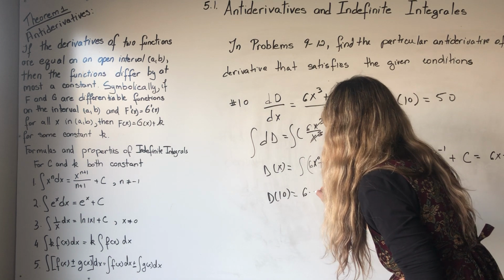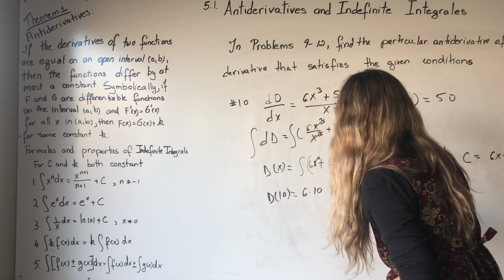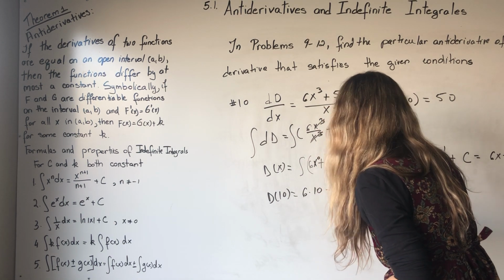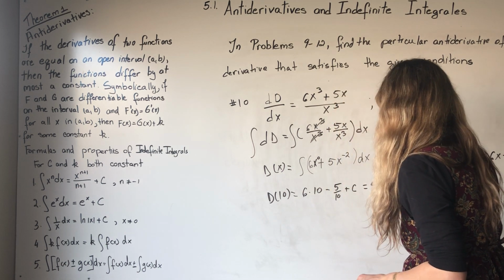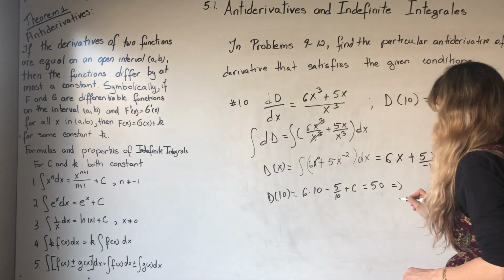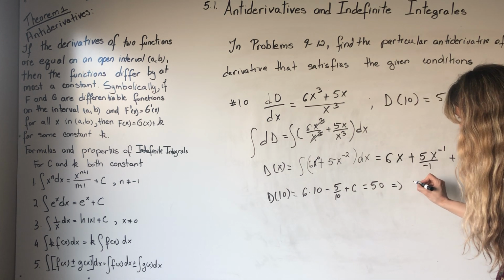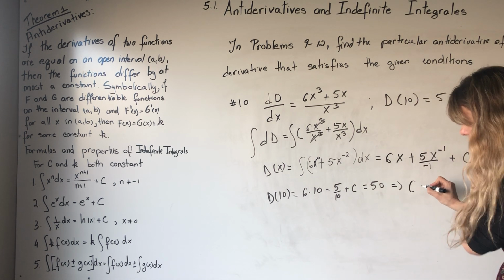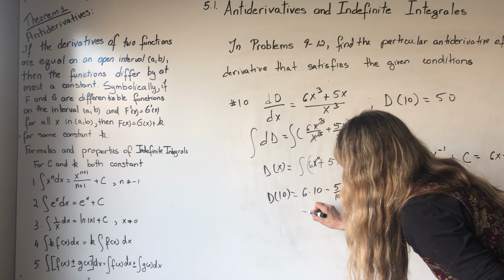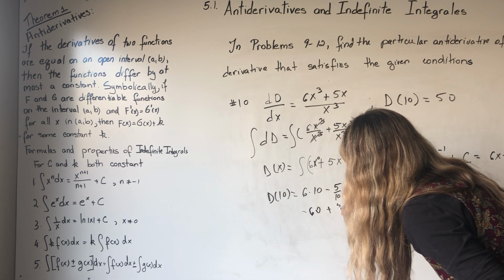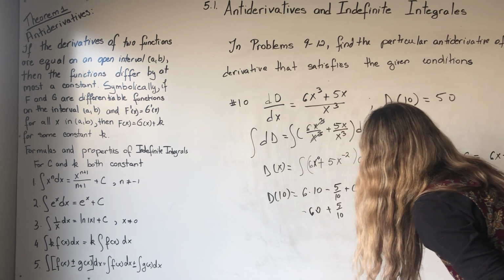I'll have 6 times 10 minus 5 over 10 plus c, and I know this one should give me 50. And from here, I know that c is equal to, I'm going to just subtract this 60 and add this 5 over 10.